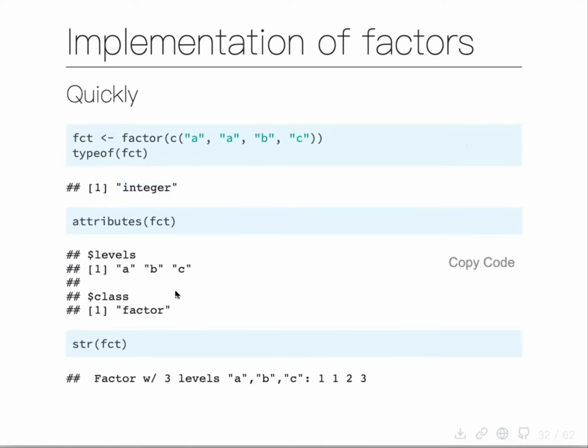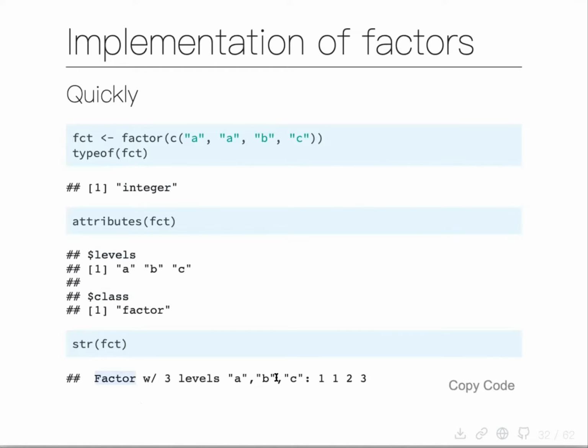But the reason is that all it is is an integer atomic vector that has these attributes. So it has a levels attribute, A, B, C, and it has a class attribute, which is factor. If I look at the structure of fact, we see it's a factor with 3 levels.